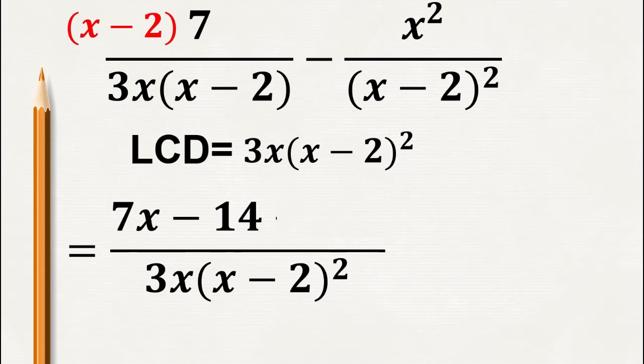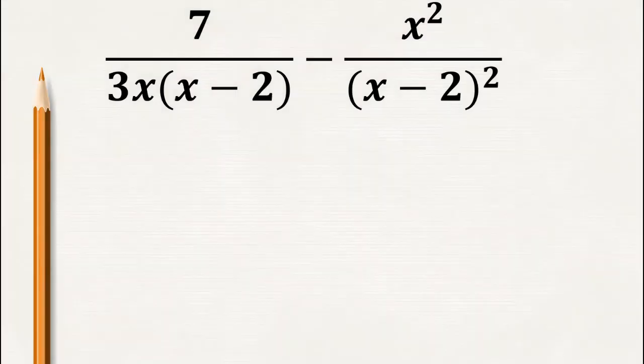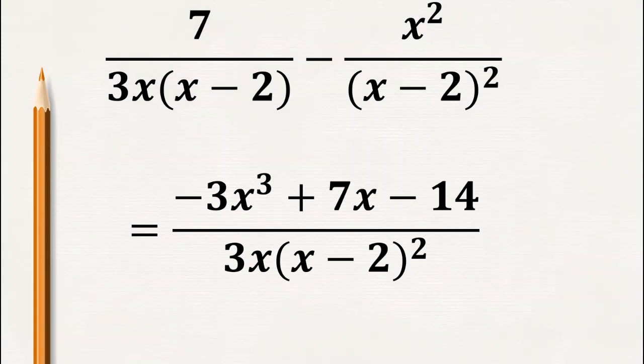Next is the LCD divided by the second denominator. Multiply it to our numerator. So the quotient of our LCD and the second denominator is 3x, times x squared. So we have negative 3x cubed. Or if we rewrite this in standard form, we will have negative 3x cubed plus 7x minus 14 all over 3x times the square of x minus 2.